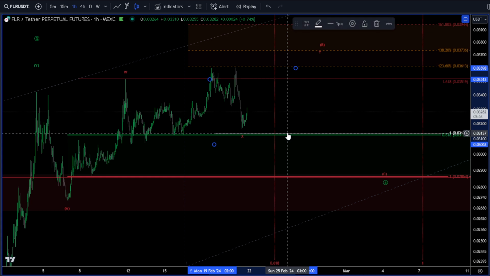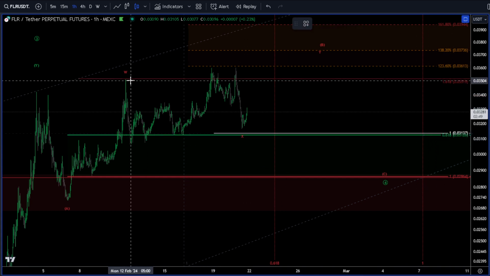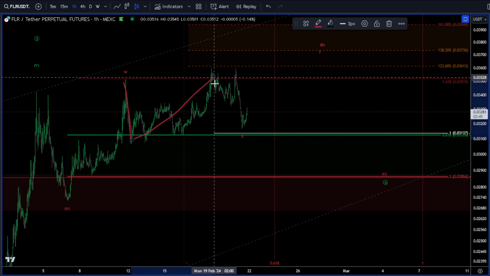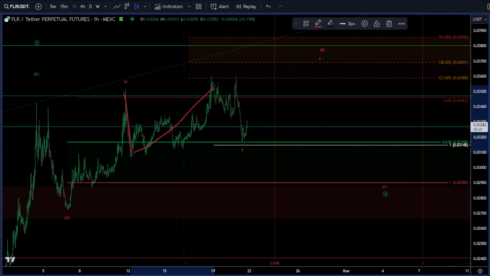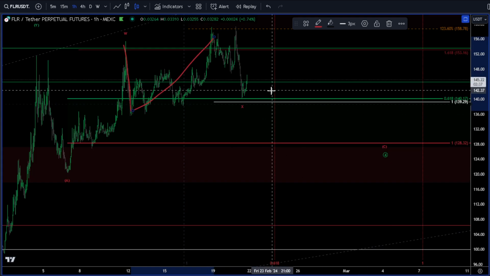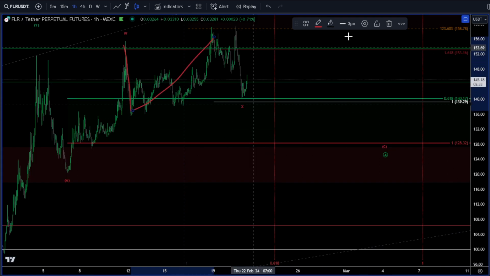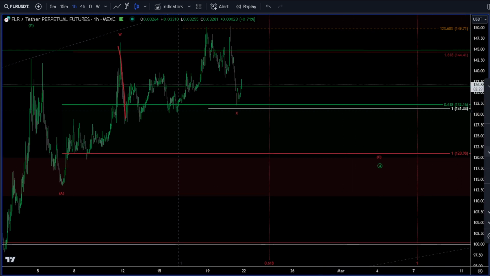Now, areas where we could make one more low, as you can see, our 1-to-1 extension of this first W wave off the X is at 3.137 cents. And we almost got there on linear scale. But we have passed the 618, so that's the important part. So the correction can be done, or we might get one more micro.